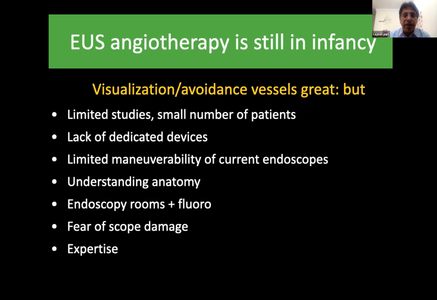The problem is there are limited studies, small numbers of patients, lack of dedicated devices, and limited maneuverability of the current echo-endoscope, because they are very large in size along with their form. It is difficult to maneuver into the fundus. You need to understand the anatomy of the varices as well as collaterals. Not only do you require endoscopy, but many times you require good fluoroscopy. The endoscopist has fear of scope damage because of the glue, and expertise is limited.